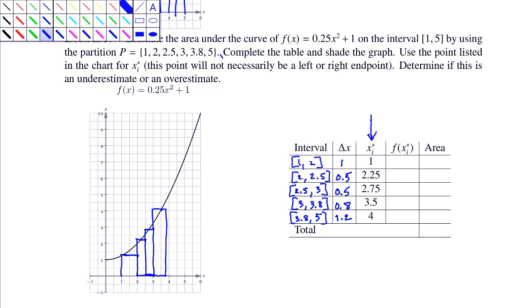You see how this is just all over the place? The last one goes from 3.8 over to 5, and the height is based on when x is equal to 4. So it's going to go up to that point there, going to go back a little bit, and then all the way over to 5.